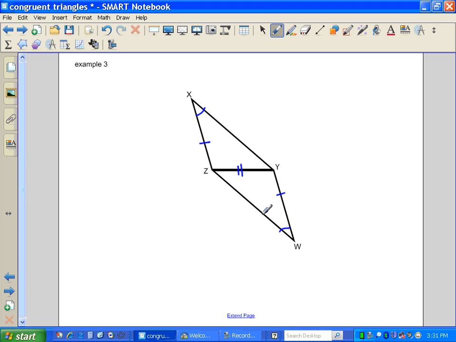So it looks like we have an angle and a side and a side, and an angle and a side and a side. So you're probably all trying to say that these two triangles are congruent by the angle, side, side theorem. But remember what we said, that this is not a theorem. So we would say not enough information.